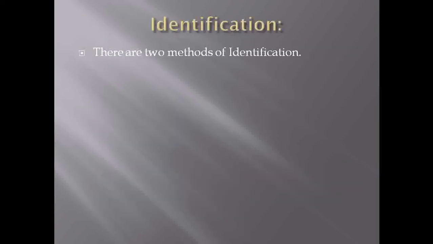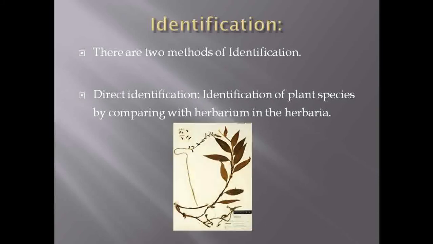Then next we see what the different identification methods are which are included under taxonomy. Whenever we are going to identify a particular plant, there are two types of methods used for identification: the direct method of identification and the indirect method of identification.